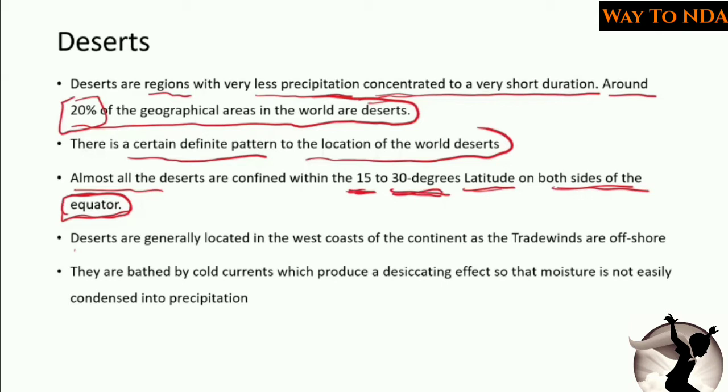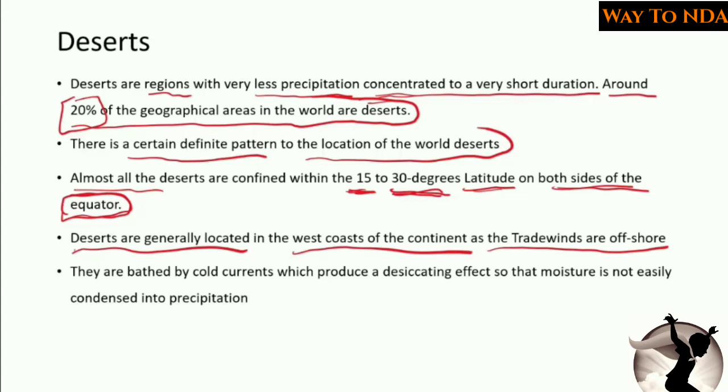Deserts are generally located on the west coast of the continents as the trade winds are offshore. In the climatology chapter we are going to study why deserts are found on the western side of the continents. Don't worry.